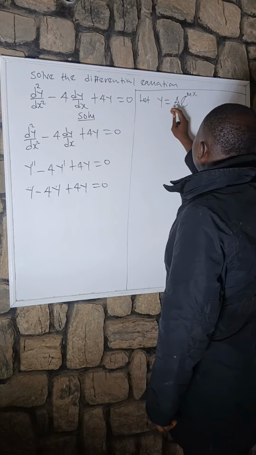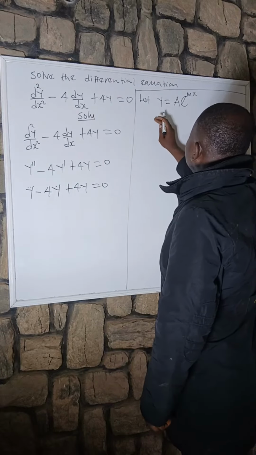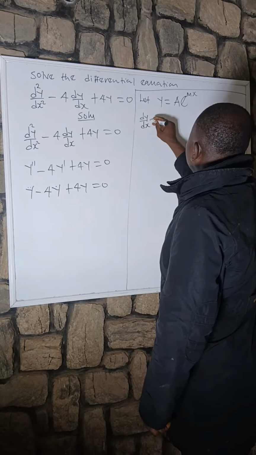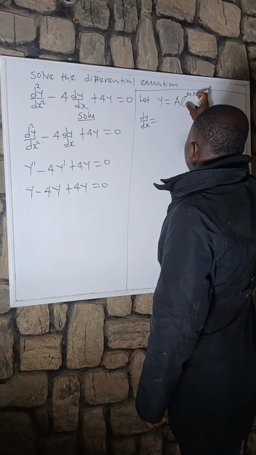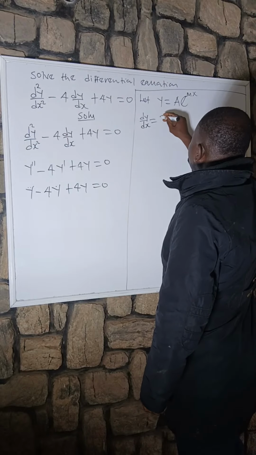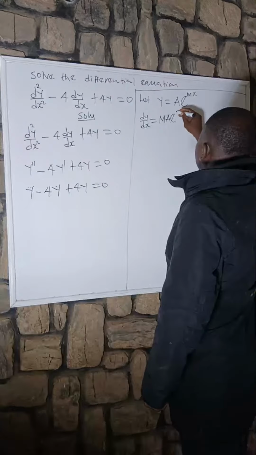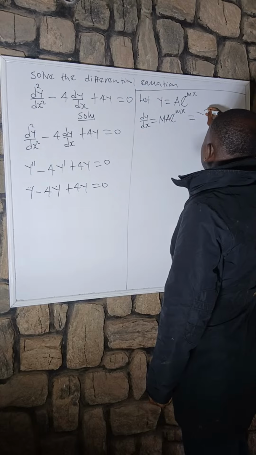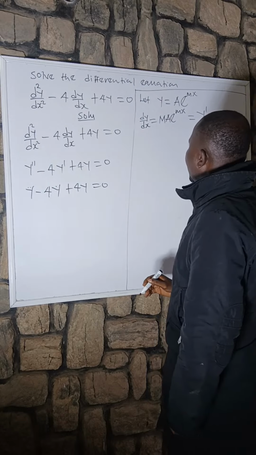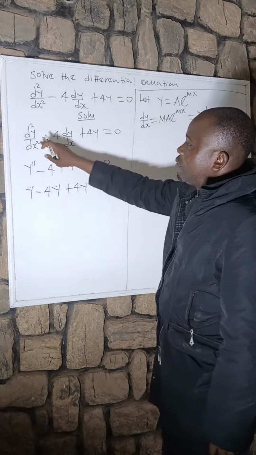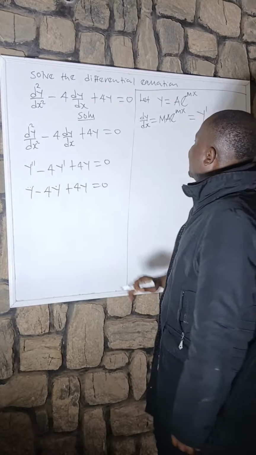If we use the dy over dx, it means our dy all over dx is equals to what? If you differentiate this, a is constant, differentiate exponential mx, you are going to have m a exponential mx. Note that this is the same thing as y prime, true or false. Then we have to differentiate this so that we'll be able to substitute it into this differential equation.